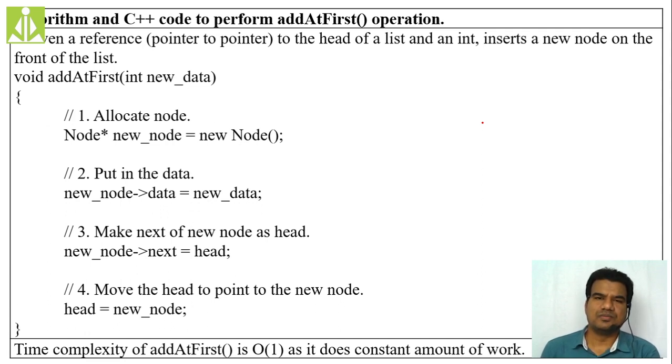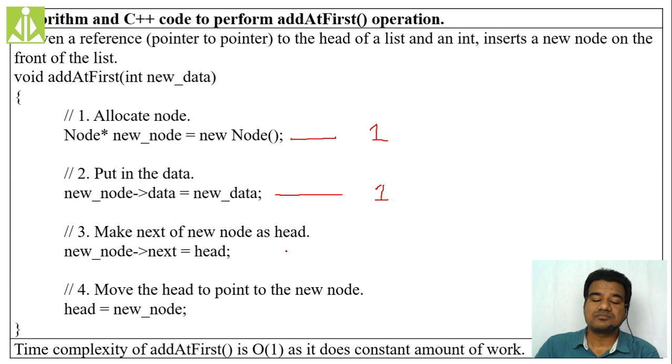Clear? So this process, the add first function, as it does not involve any loops, all the statements will consume only 1 unit of time in order to complete their execution. So this creation of the new node will take only 1 unit of time, and assigning the new data to the data part of your newly created node will also take only 1 unit of time.